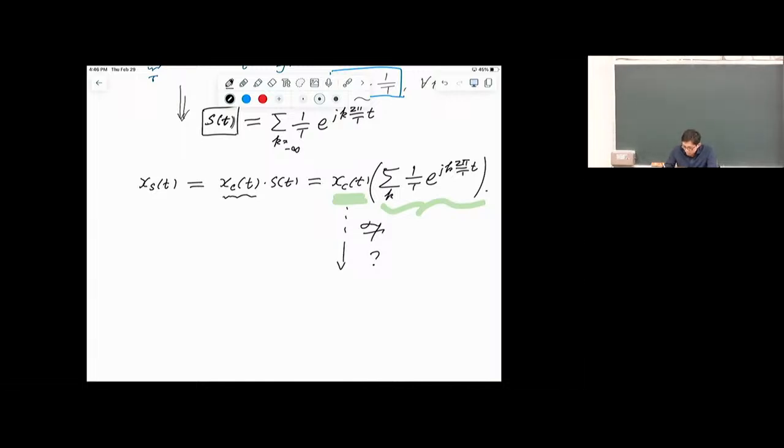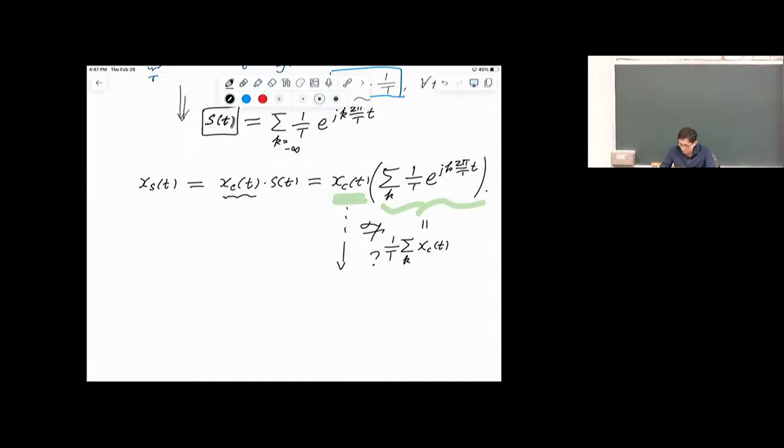Maybe let me write one more step. Let's try this. We put our signal into the summation, right? We can pull the constant out and put the signal inside the summation.